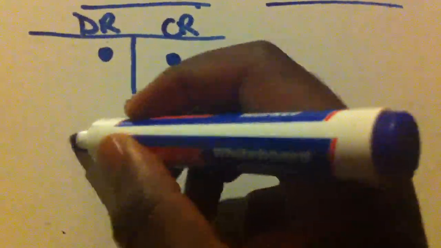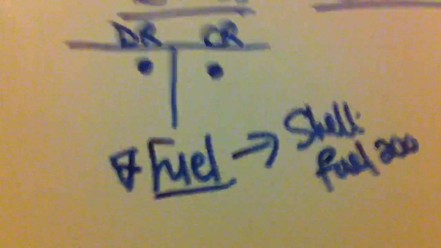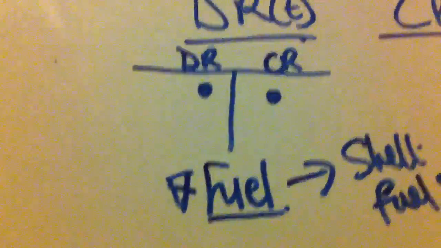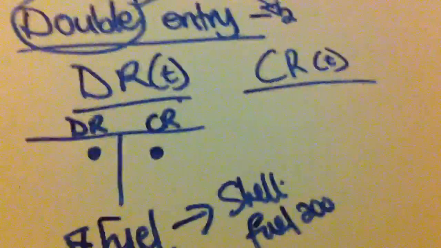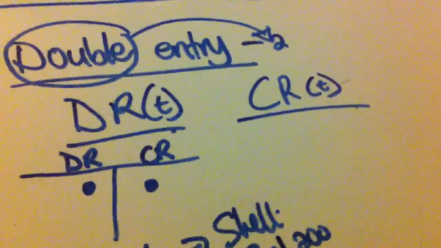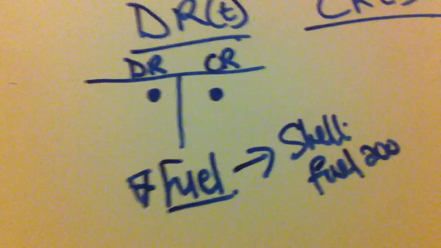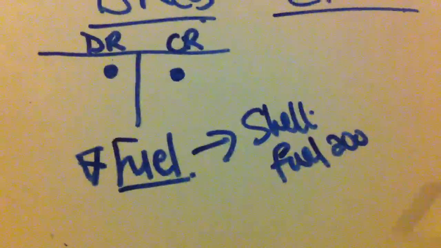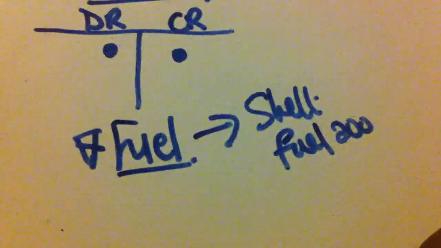I'm assuming there that you are either a business or a sole proprietor, because with these modules we are dealing with businesses, not particularly individuals per se, but the principles apply everywhere. So you bought fuel for 200 rand.